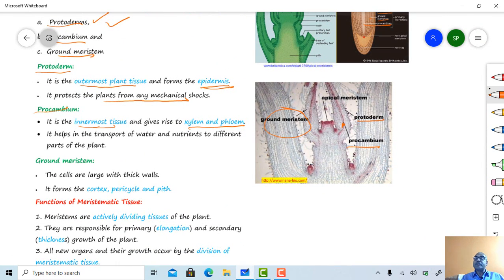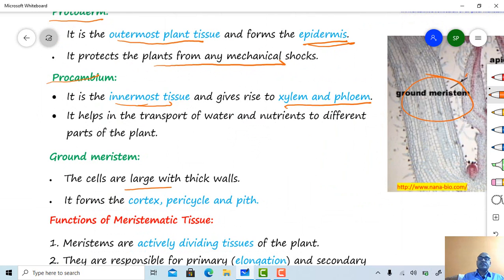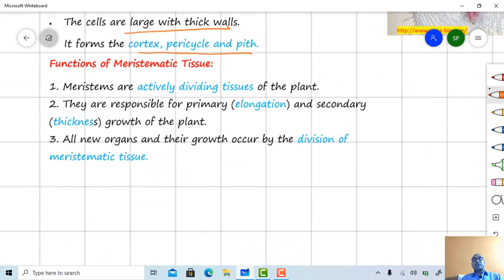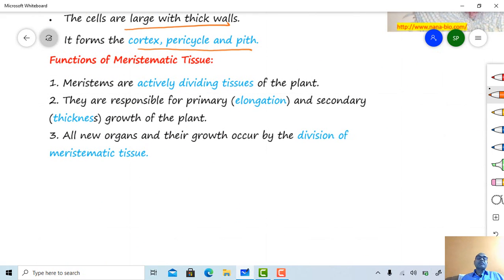This one is the ground meristem. So the outermost one is the protoderm, the innermost one is the procambium, and the middle one is the ground meristem. This ground meristem generally forms the region of cortex and pith. Okay, cortex, pith and pericycle, and the cells are large and thick walled. What are the functions of the meristematic tissue?